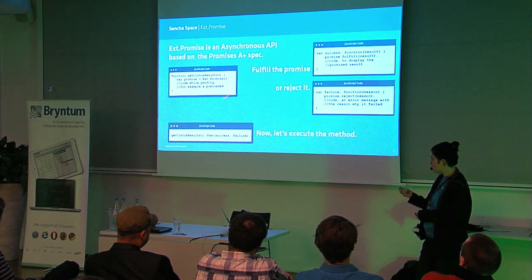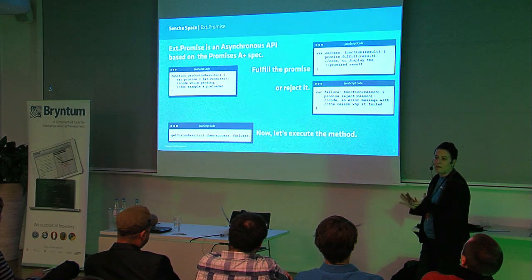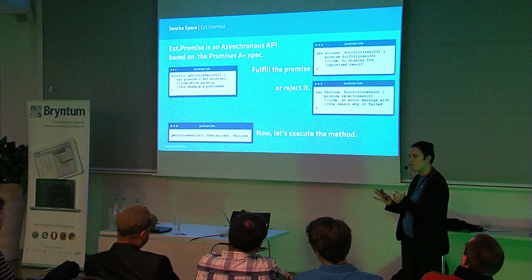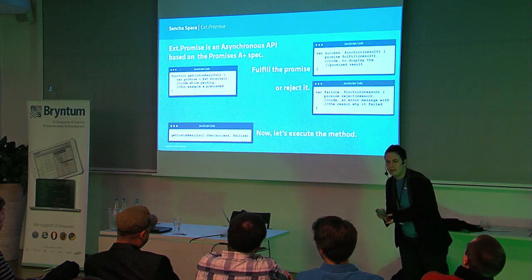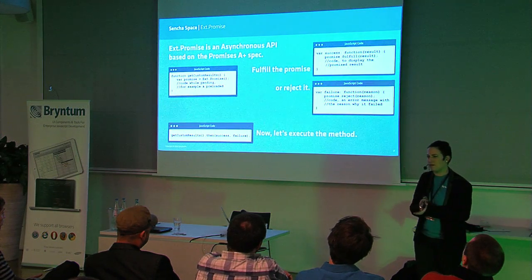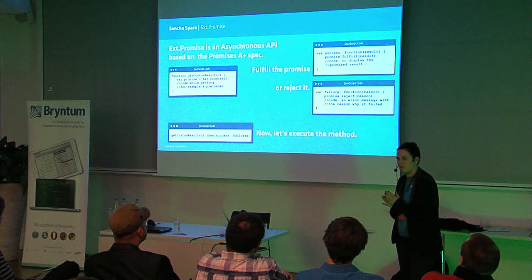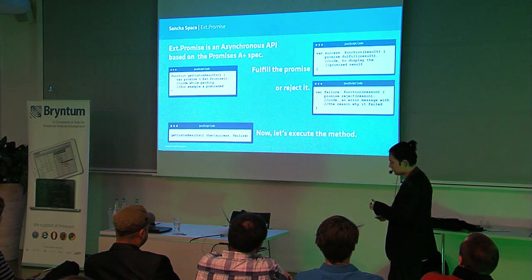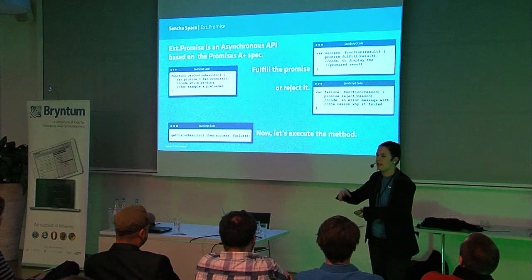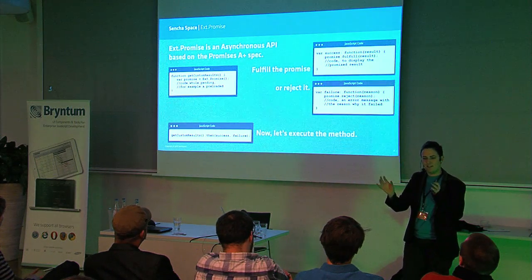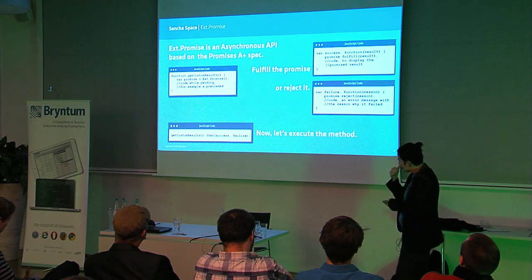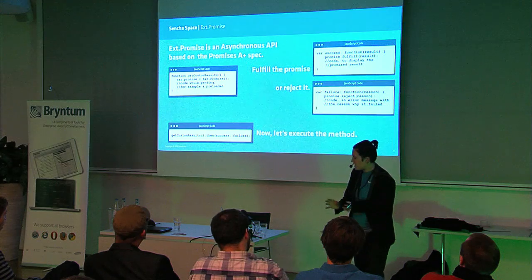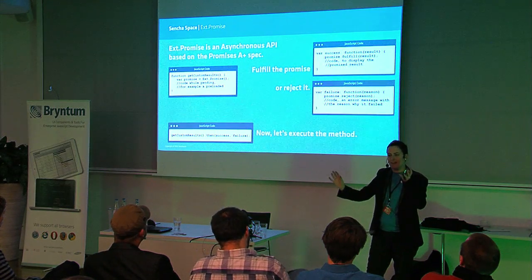And such an API call, or all these API calls, are all based on promises. Are you guys familiar with promises in JavaScript? Some. I'll explain. Because JavaScript is single-threaded, so you cannot execute code at the same time, right?